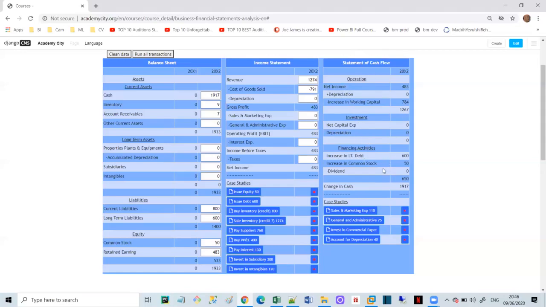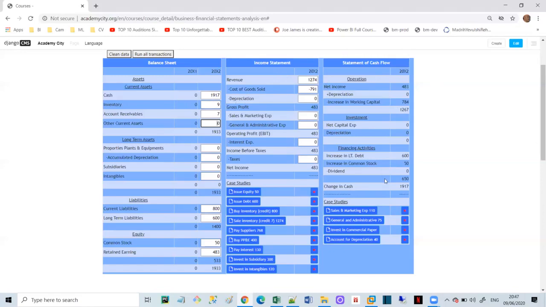When we go step by step, I will introduce those 3 sections of the statement of cash flow. Very important statement. Another thing I can say about the statement of cash flow: if you notice, none of those transactions go directly to here. Every transaction that I follow next is like I typed it into the balance sheet and the income statement. The statement of cash flow pulls the data from the other 2 statements.